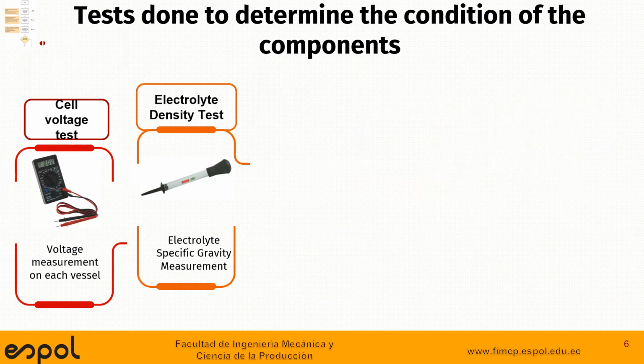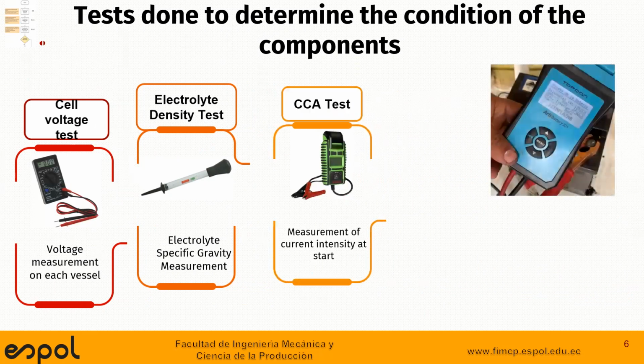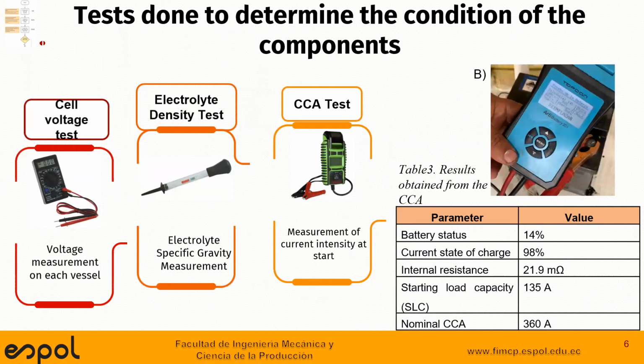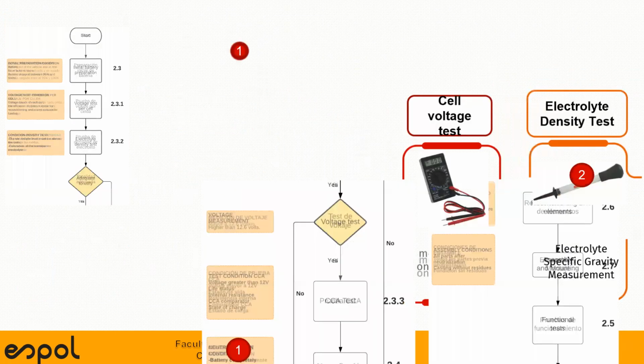Finally, the CCA test was performed, which consists of comparing the amperage delivered by the battery in the starting condition with respect to that indicated by the manufacturer, so that we can evaluate if it complies with its functionality.